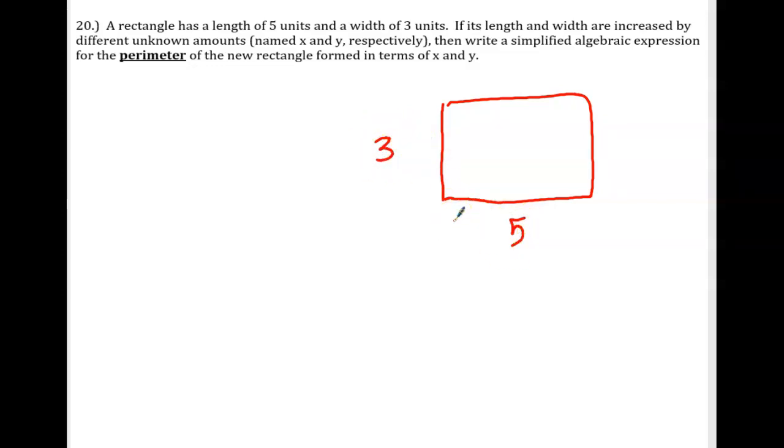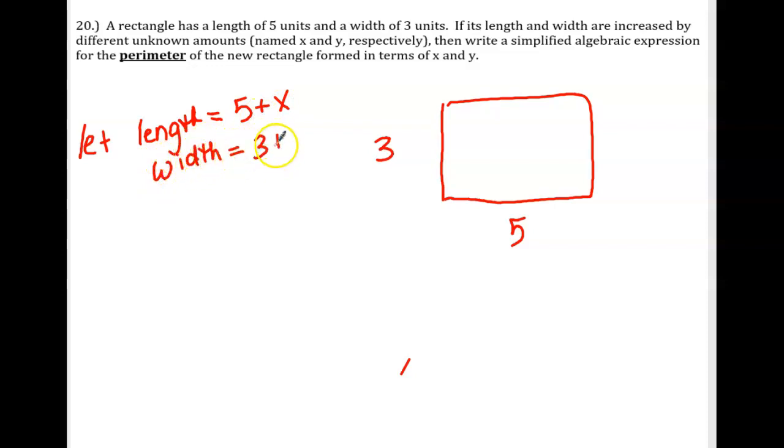If the length and the width are increased by different unknown amounts, named x and y respectively, we're going to let our length be 5 plus x, and our width is going to be 3 plus y.